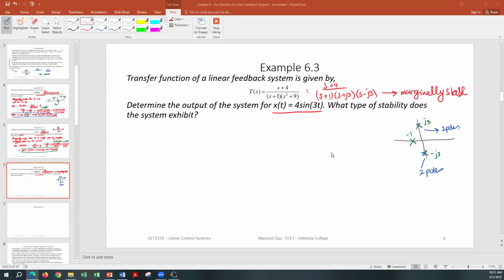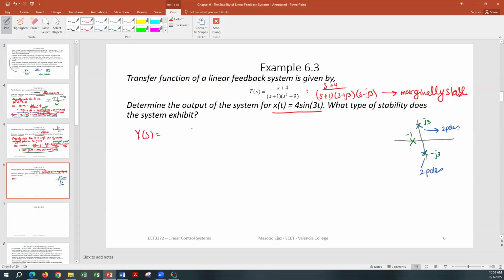Okay, so let's go ahead and solve this and see whether the output is unstable or not. Now, one of the pairs that we are going to discuss here is not in the table in the book, but it's available online, so we can add that pair to our table as well.